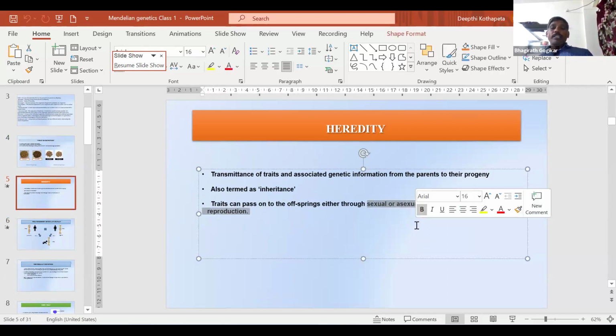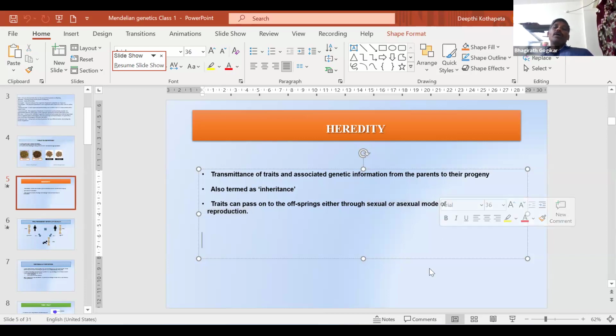One is sexual reproduction, another is asexual reproduction. In sexual reproduction, traits or characters are transmitted from one generation to another through the gametes. In the same way, asexual reproduction also passes characters from parents to the next generation, but the mode of transmission is different.